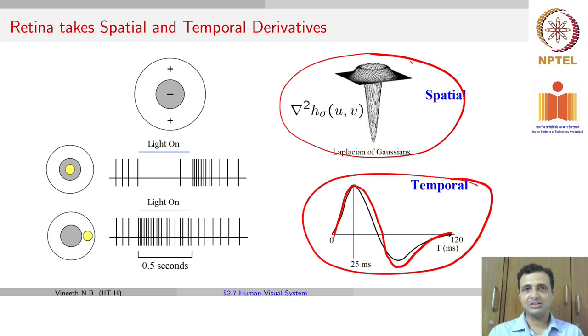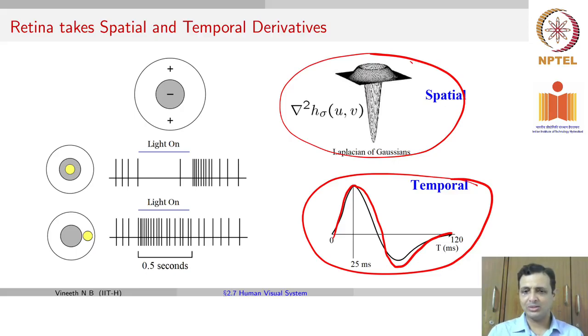So when you have a photon that shines, or you have an edge that falls on you, you're first going to detect the edge. Then for a few milliseconds, the reaction is going to be the opposite, and then you revert back to a stable state. That's what the temporal filter does.